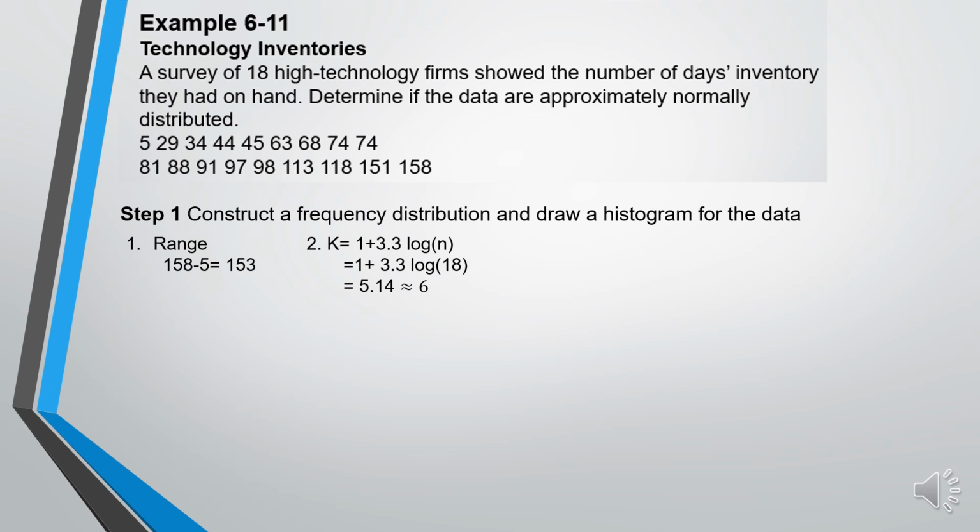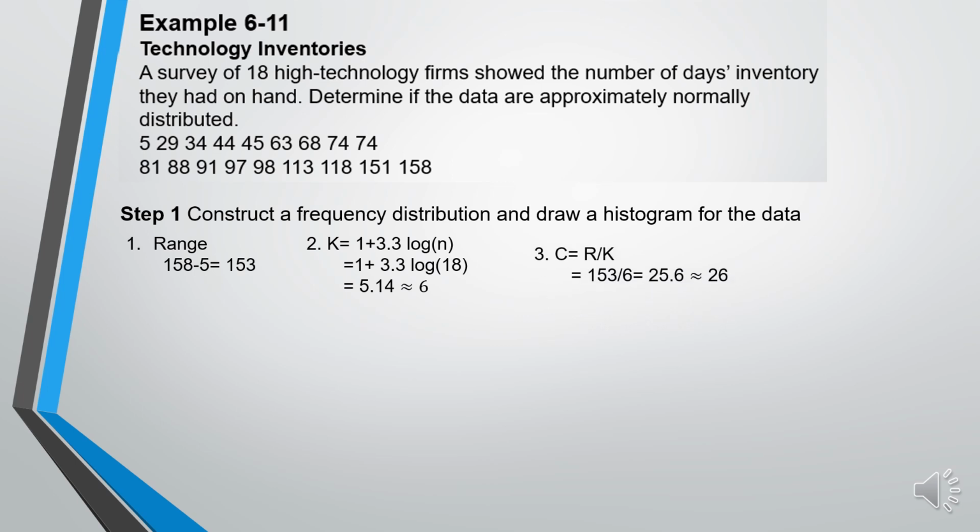So 1 plus 3.3 log n, where n is the number of values in the data set. So 1 plus 3.3 log 18. If we use a calculator, it is equal to 5.14 or approximately 6.